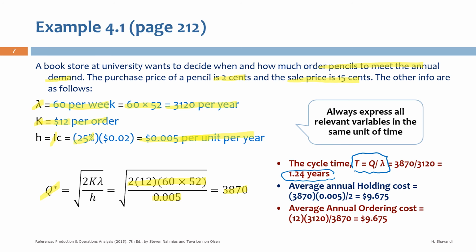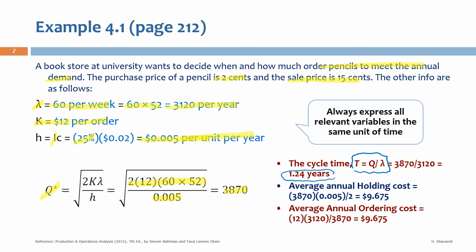This means that anytime that we place an order, that will be a quantity that will meet a time period more than a year. Anytime that we have a new order, we'll place the requirement for satisfying demand for 1.24 years.